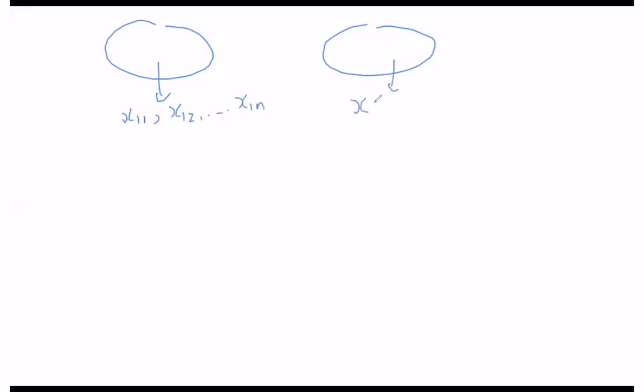Okay, sorry, I don't know why it got cut off just now. Okay, let me see. Where was I? Okay, so basically again, so you have the values x11, x12 until x1, and x21, x22 until x2m.